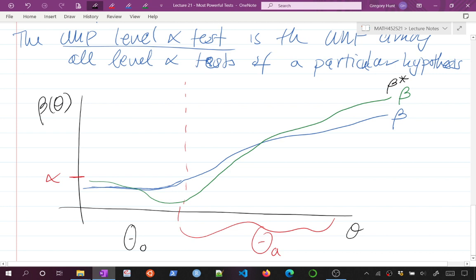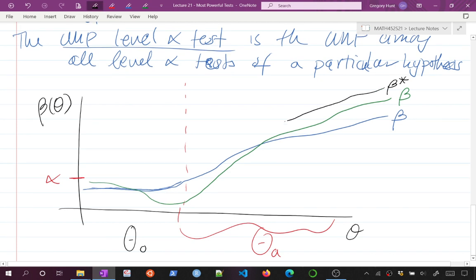It's going to be higher in the alternative, but once we're in the null, it doesn't necessarily have to be lower. So it could go something like that. That's still allowed. It's still a level alpha test because its power function is below alpha over the null, and its power function is higher over the alternative. So that's what it means to be a most powerful test.